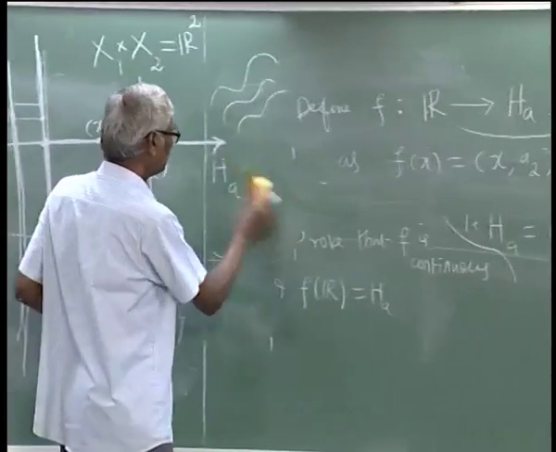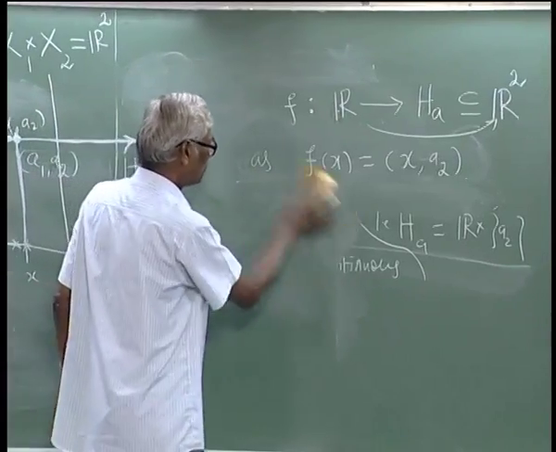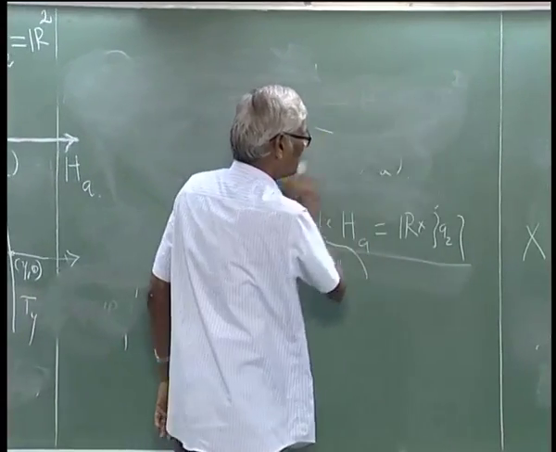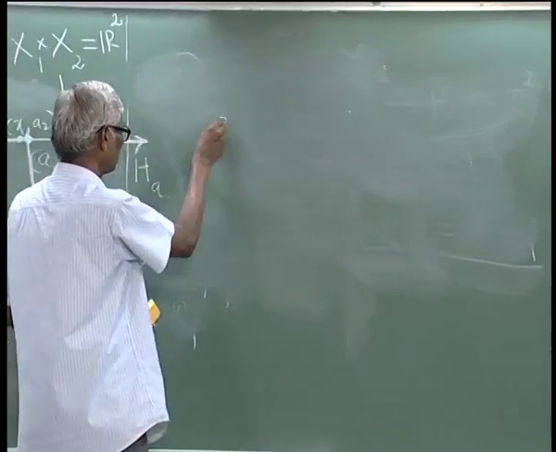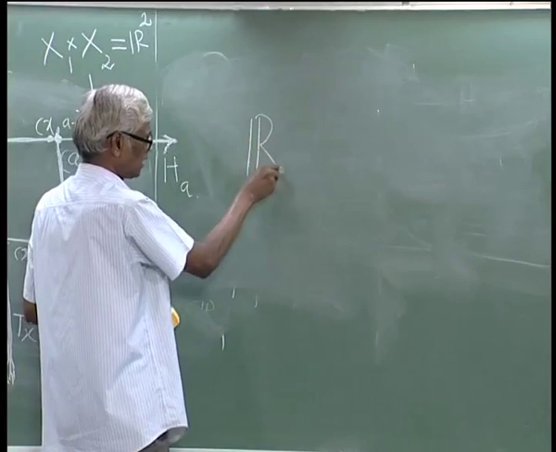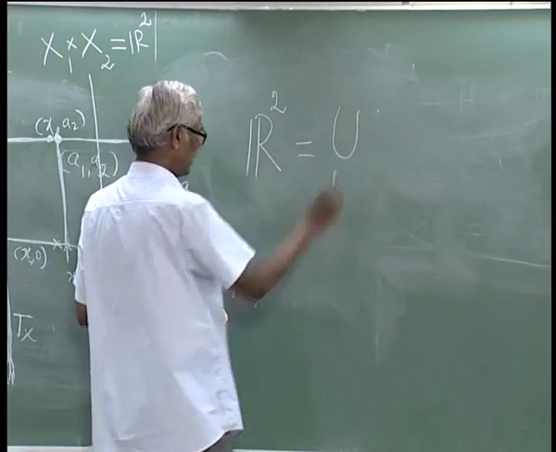Now, what is interesting here is we are able to express R2. Exactly here, R2 is nothing but a union.